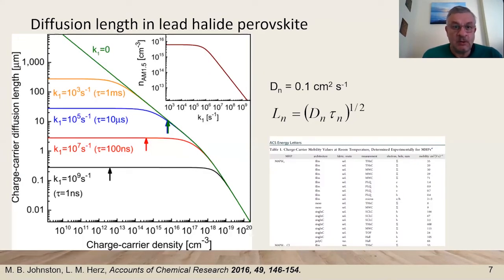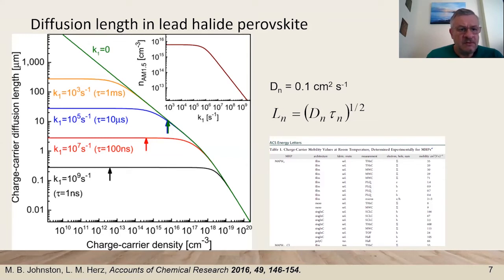This is a quantification of the diffusion length for electrons in halide perovskite with a diffusion coefficient of 0.1 cm² s⁻¹. And the diffusion length will depend on the electron lifetime. At moderate charge densities, the lifetime can be considered constant.